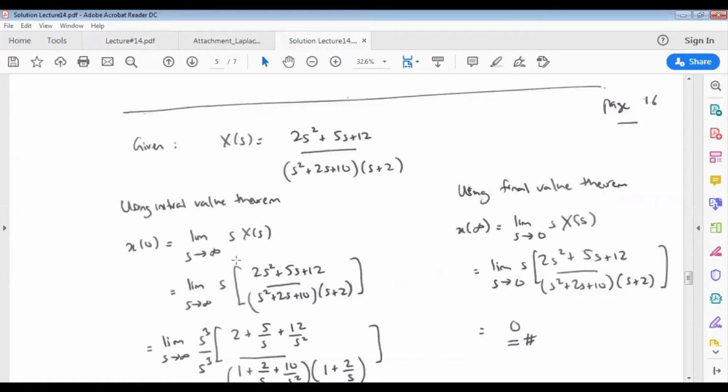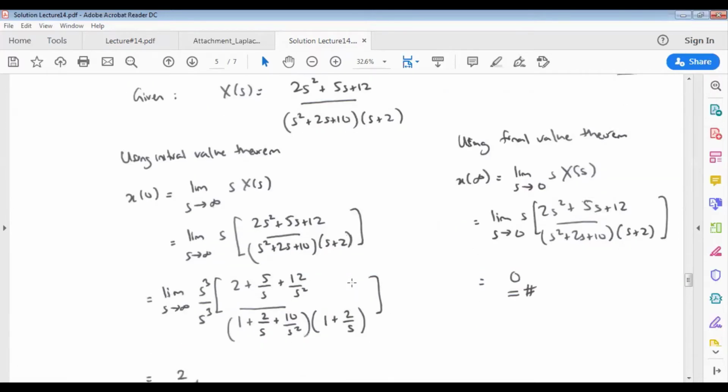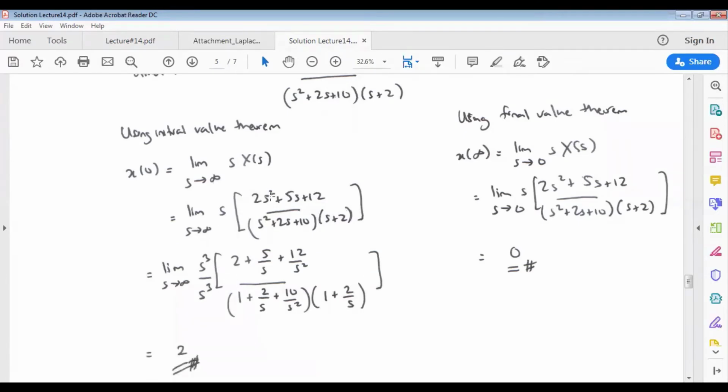So we have the limit of s approaching infinity of s times X(s), and I substitute this X(s) into here. To find the limit, I take out s squared from the numerator, so we have s to the power of 3 times (2 plus 5 over s plus 5 over s squared).